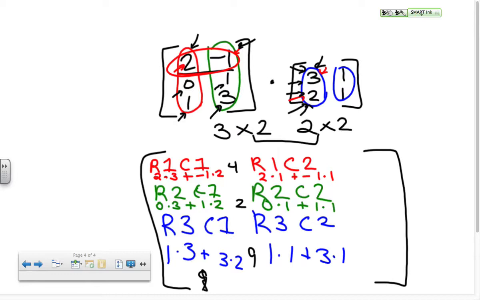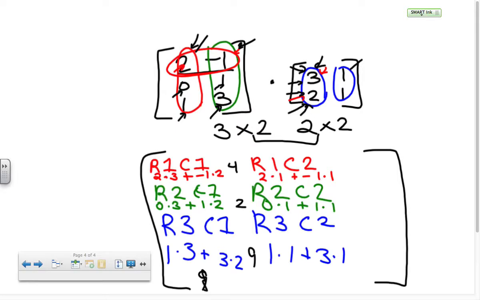Then I'm going to start with my next column. So I'm going to go row by column again. 2 times 1 plus negative 1 times 1. That is going to give me 1.